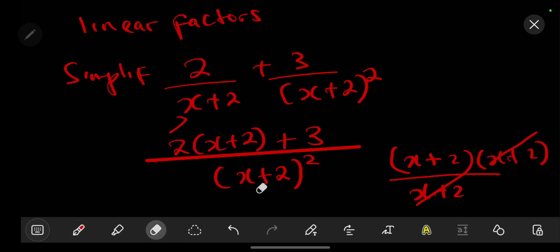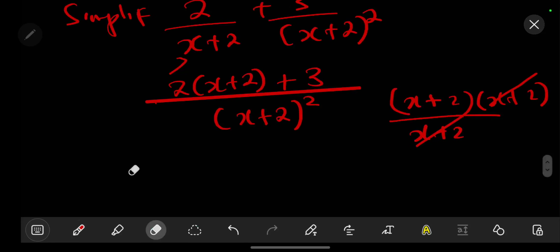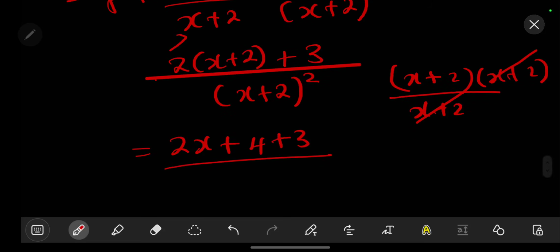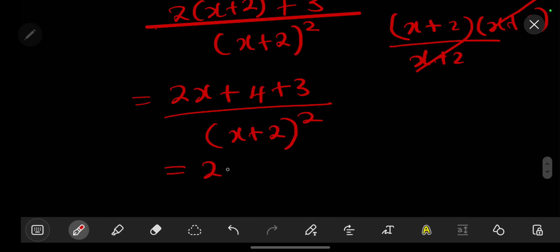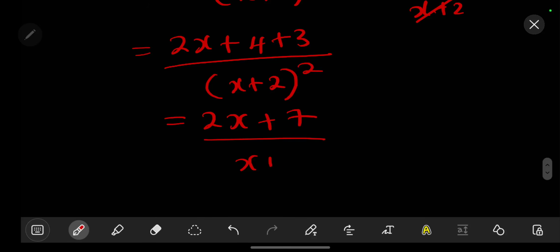So what we have now is 2 times x, which gives 2x, plus 2 times 2, which gives 4, then plus 3 over x plus 2 squared. This gives us 2x plus 7 over x plus 2 squared. So now already we have found that.